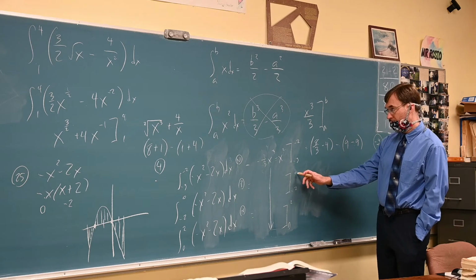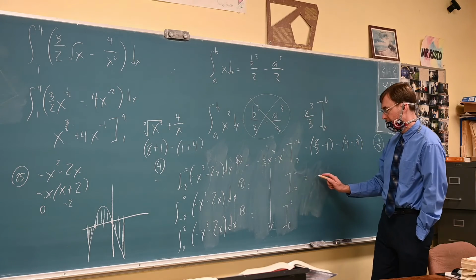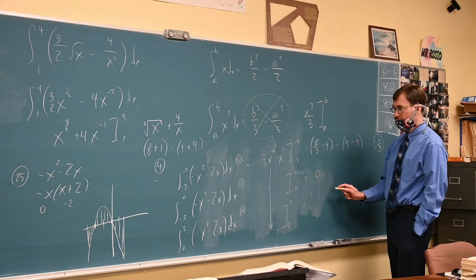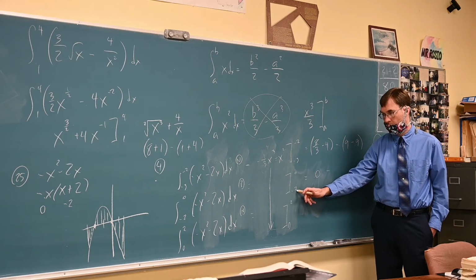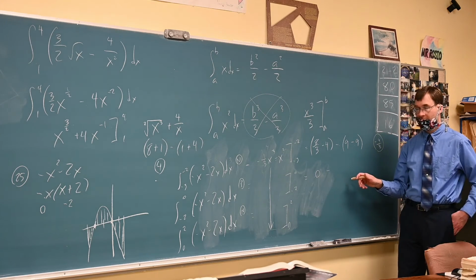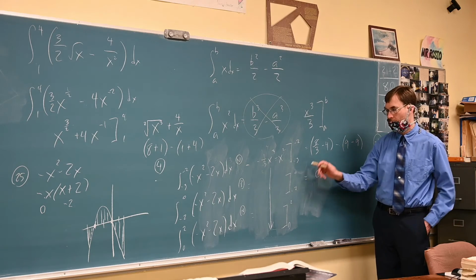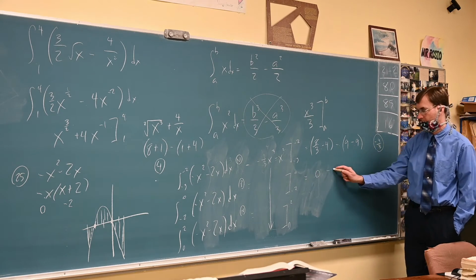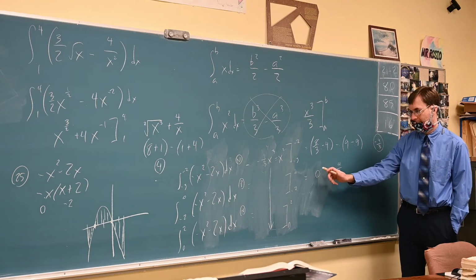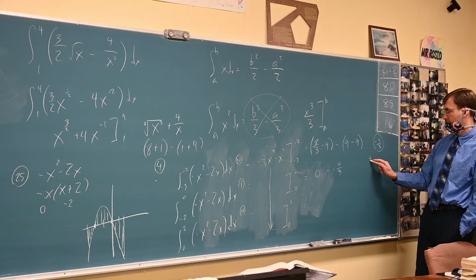For this one, if I plug in 0 to the antiderivative, the first group would have 0 minus 0. And when I go to plug in the negative 2, I don't really need to re-plug in negative 2. I just did that a second ago, and the result I got there was negative 4/3. So I got a 0 minus a negative 4/3.